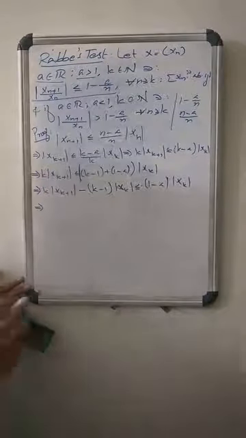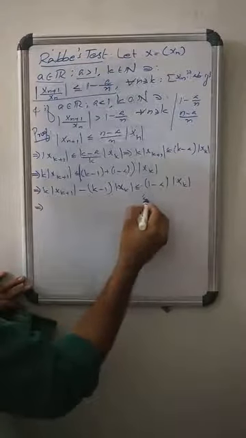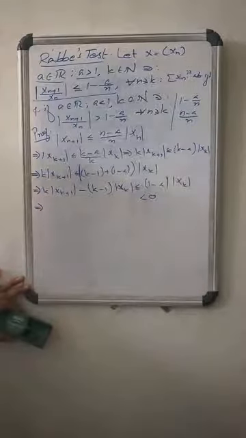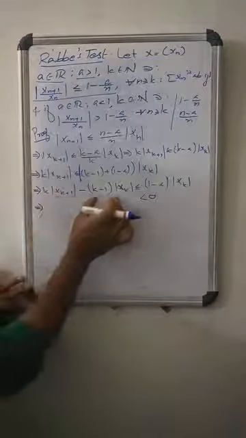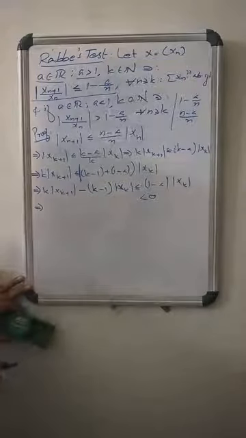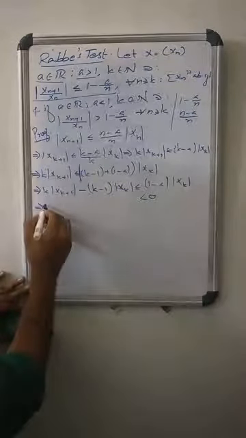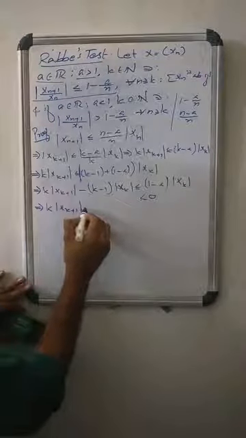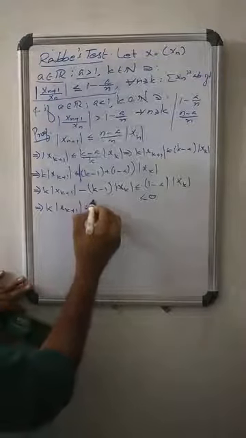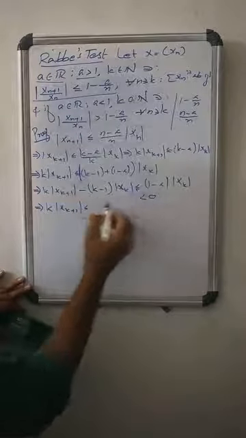So 1 minus a should be negative. Sure, 1 minus a is negative. That means k into modulus of xk plus 1 minus k minus 1 xk is less than or equals 0.